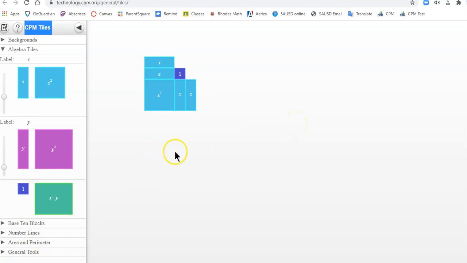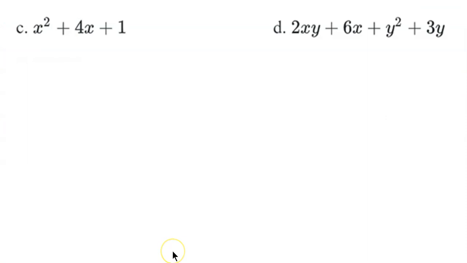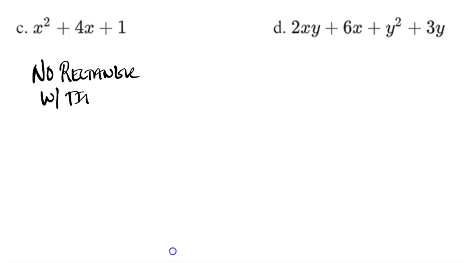So this one is not factorable at this time. We cannot make a rectangle with tiles.